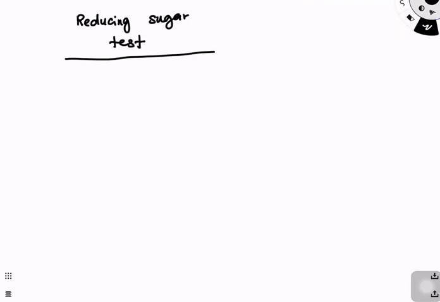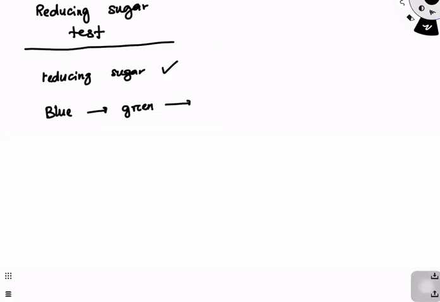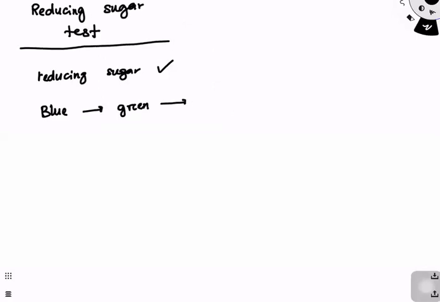Generally, if reducing sugar is present, the color will change from blue to green, green to yellow, yellow to orange, orange to red. This is the color scheme, okay?